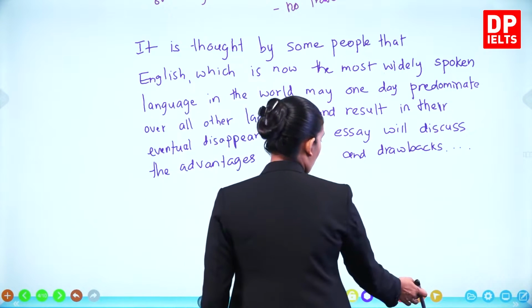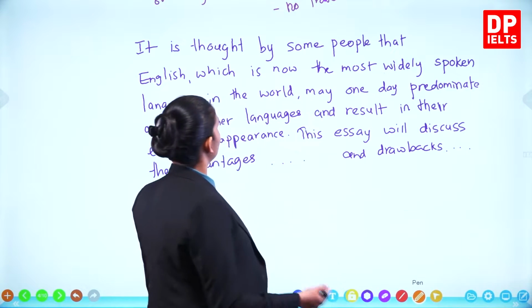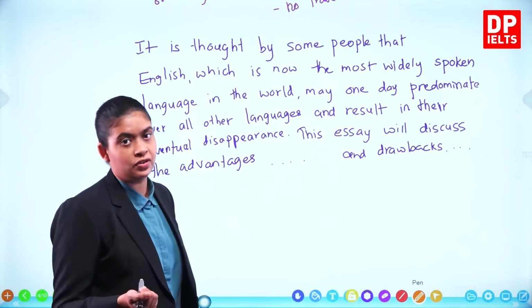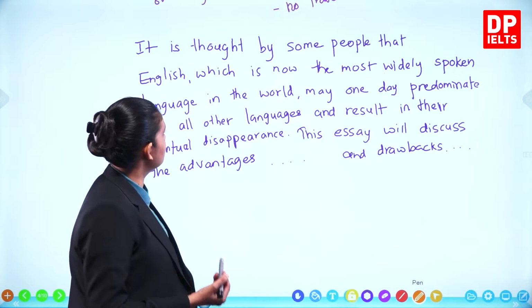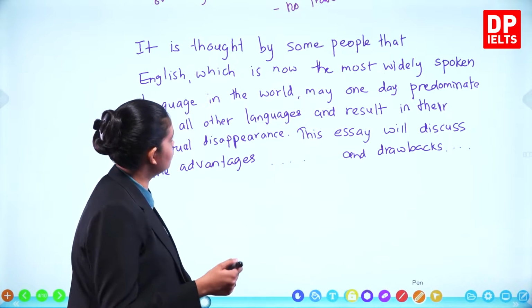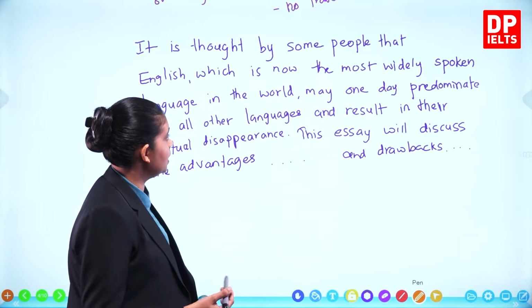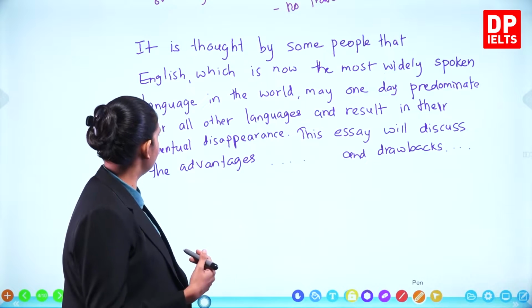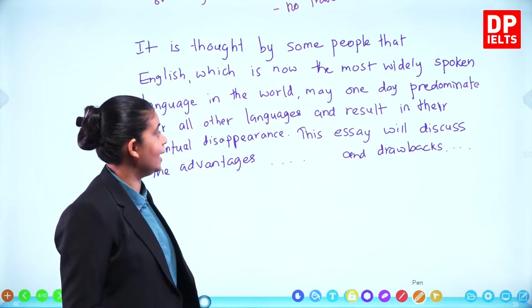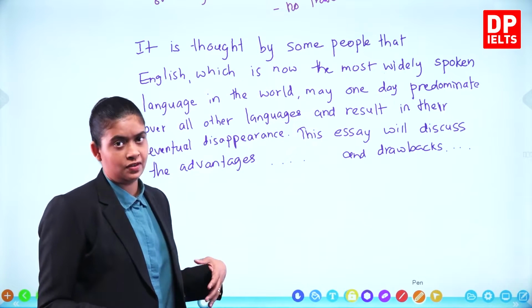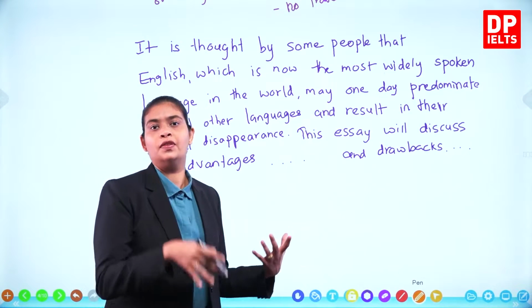But what is important is that you paraphrase the question, okay? So it is thought by some people that English, which is now the most widely spoken language in the world, may one day predominate over all other languages and result in the eventual disappearance. So that's paraphrasing the question.